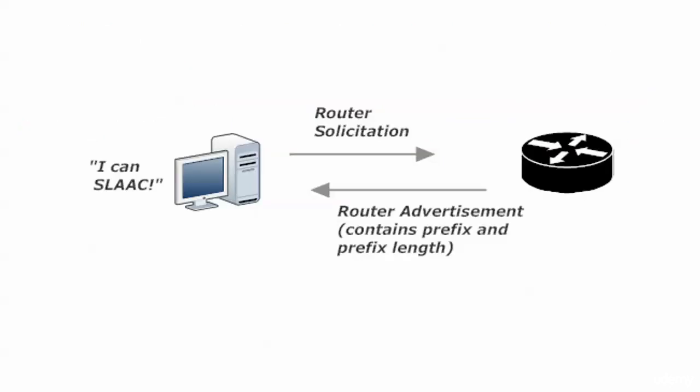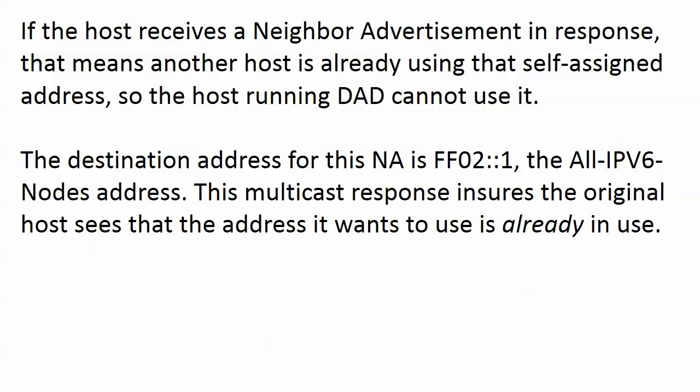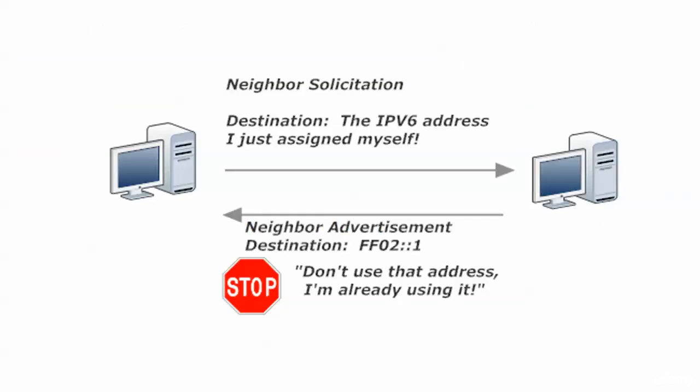So the host sends out that NS. And if it gets an NA in response, that means another host is already using that self-assigned address, so the host running DAD cannot use it. And this is what happens. That NS goes out, and again, the source address is the IP version 6 unspecified address, all zeros.